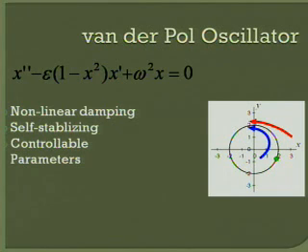So theoretically, wherever we start, we can eventually reach this circle as shown in the presentation, which is called the limit cycle. And we have two controllable parameters: epsilon, which controls the damping term, and omega squared, which controls both the amplitude and the period.